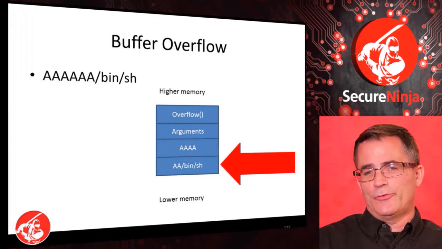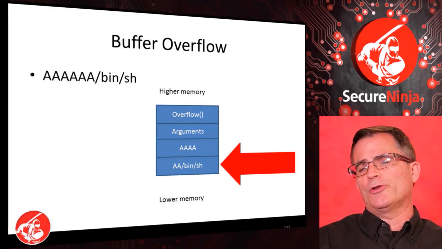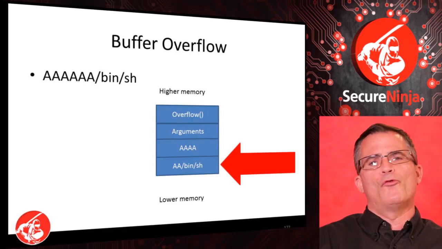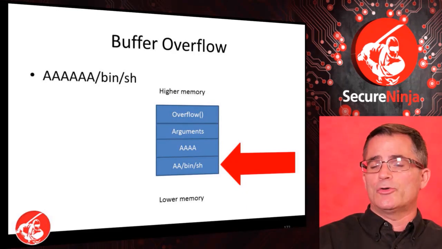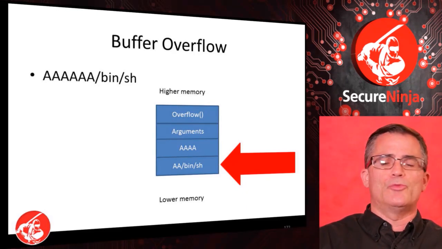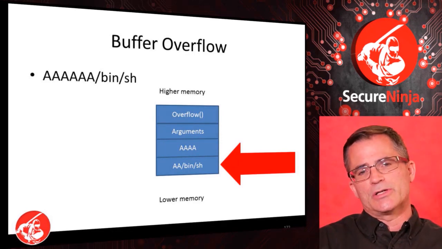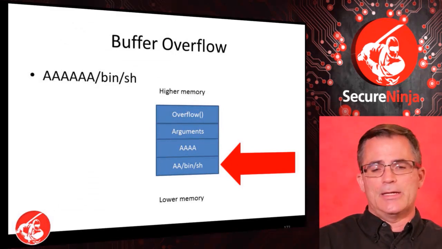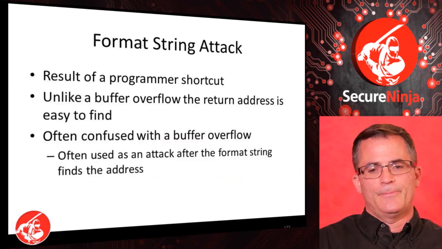We now have a buffer overflow. Now, that's a quite simplistic way of explaining it, but hopefully you understand it's just taking control of the instruction pointer because we overwrite the return address with what we call shell code. Now, the shell code can consist of a lot of other things, but somewhere in the shell code it will usually have an executable shell. In a Windows world, it's usually some shell like command.exe. In the Unix and Linux world, it's /bin/sh. And the instruction pointer runs the shell.